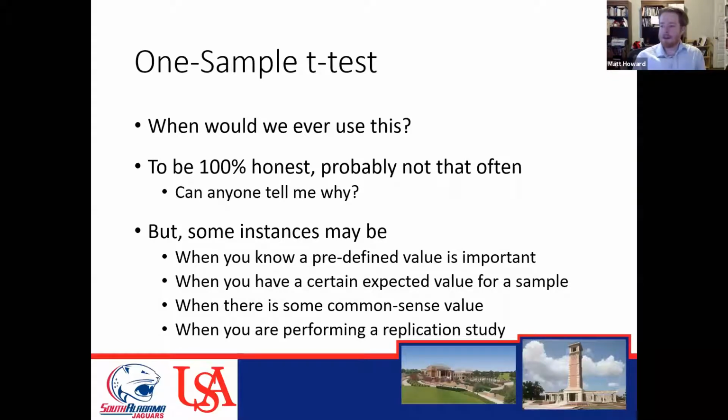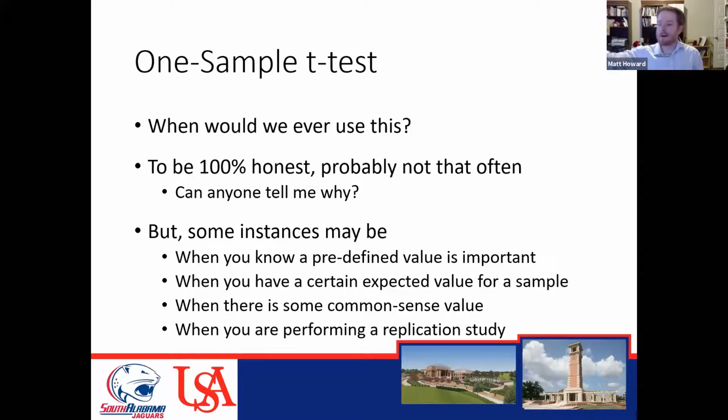And then the last one might be if you're performing a replication study. So in research, there might be a certain phenomenon where we know that, on average, we get a mean value of 20 whenever we conduct this study. Whenever we bring people into a lab and get them to do a certain thing, on average, people score a 20.